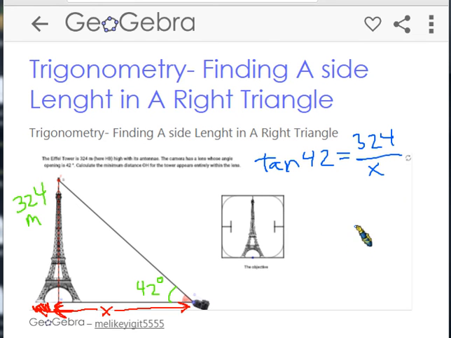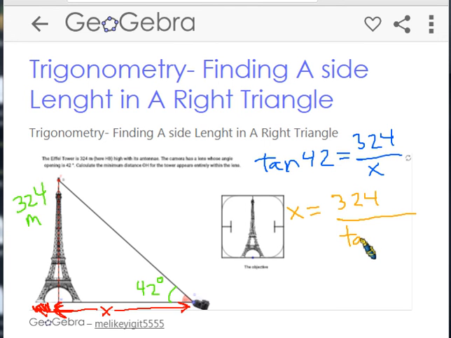And then if we want to figure out what x is, we've got to get x all by itself. I'm going to show you a neat little trick. I don't know if you've seen this before, but what we're going to do is just swap the x and the tangent of 42. It is a time-saving technique. You would get the same exact result if you did cross multiplication and then solved for x.